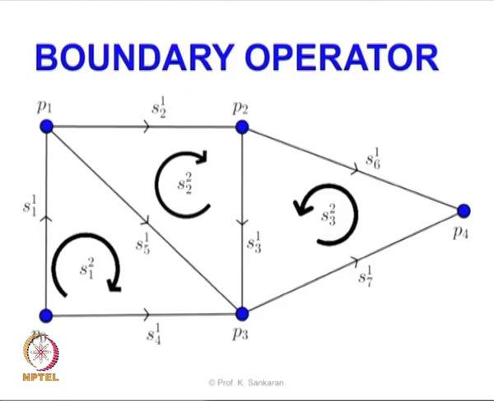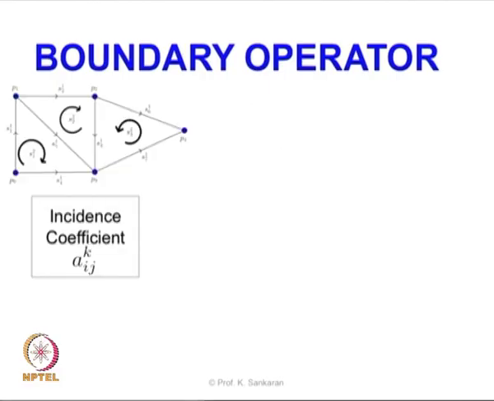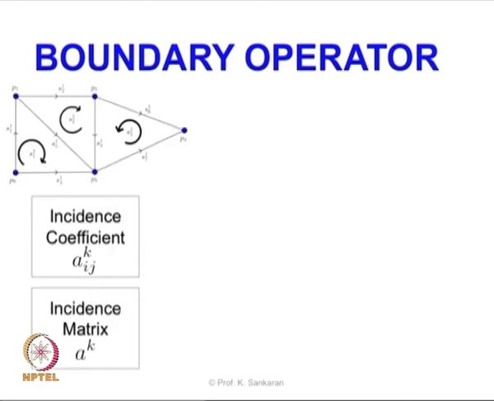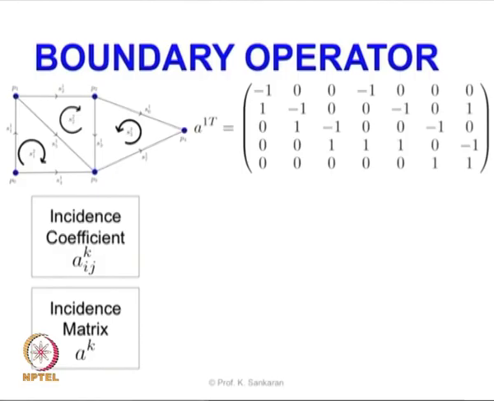So let us take the first example, where we are interested in finding the incidence coefficients for a particular set of values. For that I will keep this bigger triangle. Using this we have to compute the value of various boundary operators. The first boundary operator we are interested in is A1.